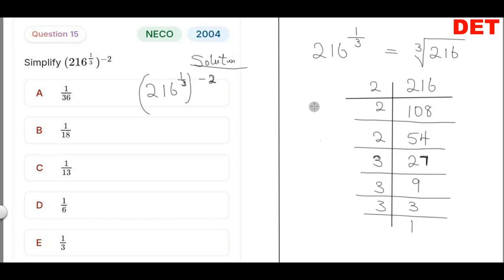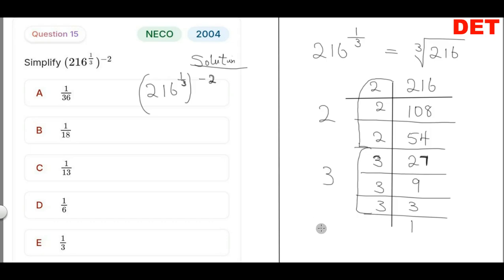Since we are looking for the third root of 216, we are going to group the prime factors into groups of 3. This is 1, 2, 3; I'll group this and bring out the 2. This is 1, 2, 3; I'll group this and bring out the 3.